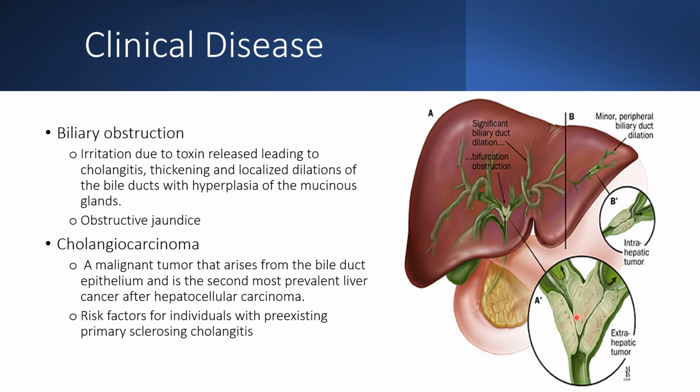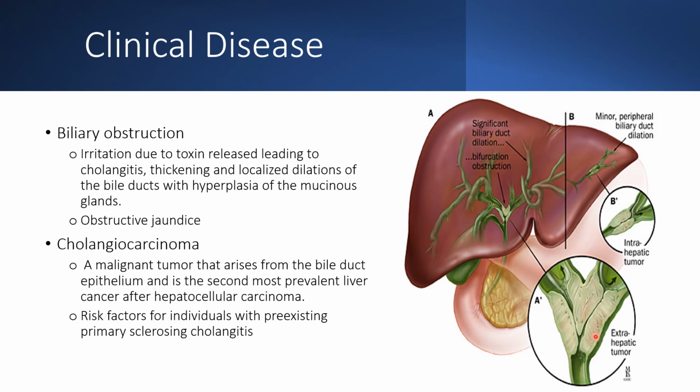It can be intrahepatic, inside, but it can also be extrahepatic, in the outer bile duct. So here our adult worm passes through and releases toxin that causes cholangitis, or inflammation of the bile duct.